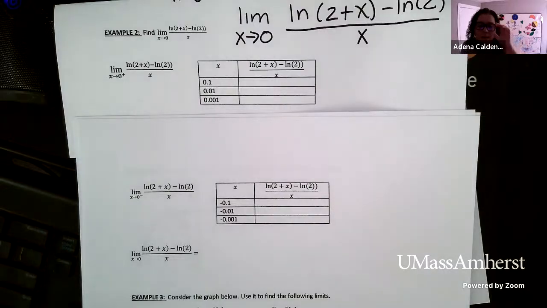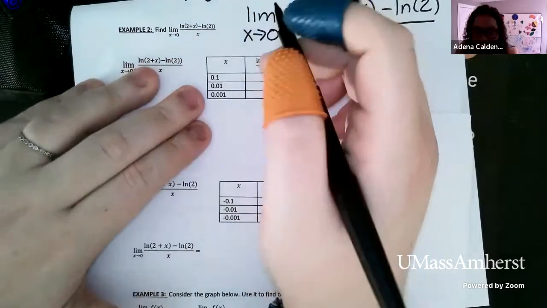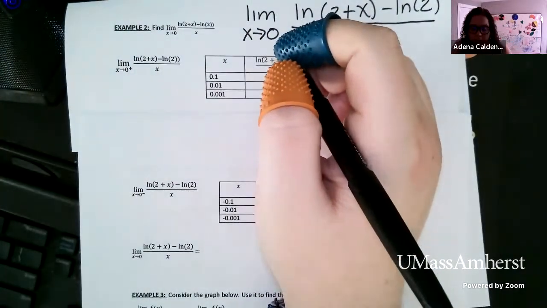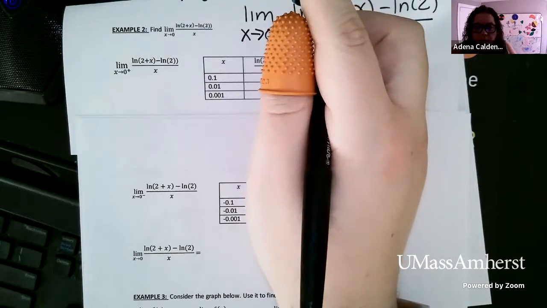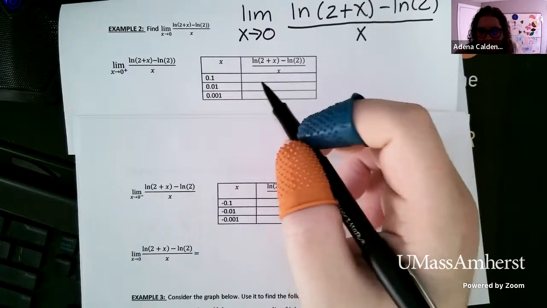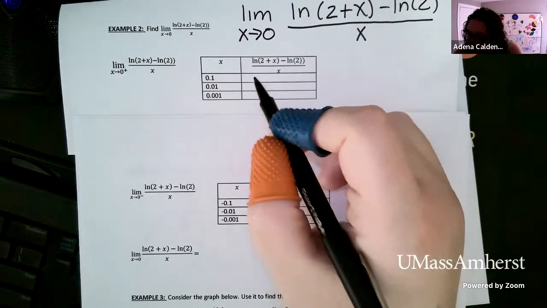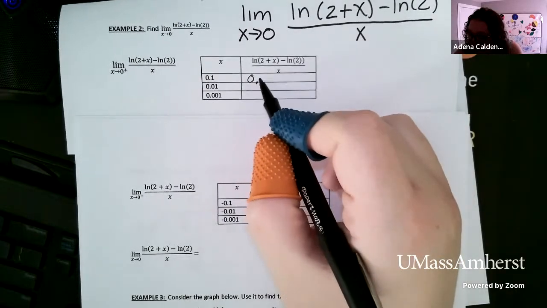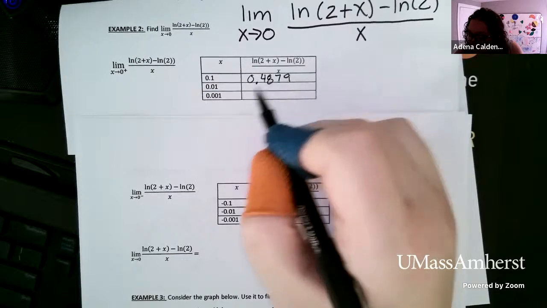All right. So when I plug in 0.1, I'm going to recommend that you typically keep either 3 or 4 decimals when you're plugging in different things, just because that will help you know how far the decimal is accurate, if that makes sense. So for 0.1, I got 0.4879.